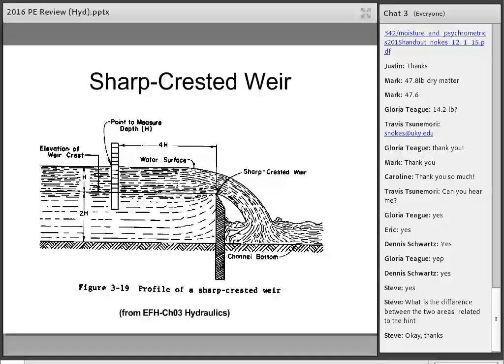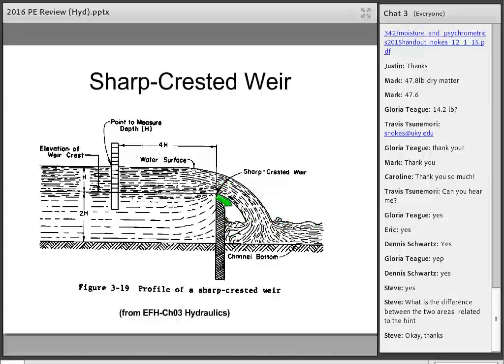So if we're talking about a sharp-crested weir, with this being the sharp point, you've got to be at least 4 depths of water upstream to have a flat surface to measure, okay? And then as you get to the weir itself and the water's coming over it, then you start getting some strongly curvilinear flow, and it comes into the channel downstream of the weir and then flows off.